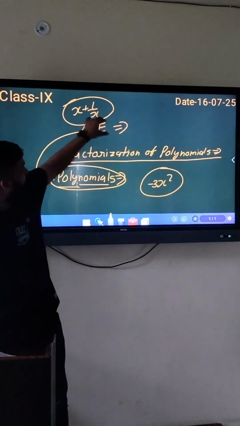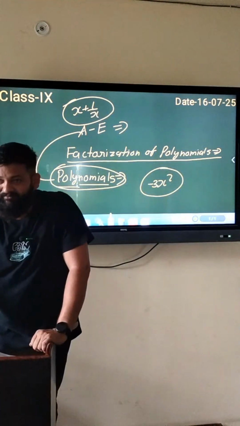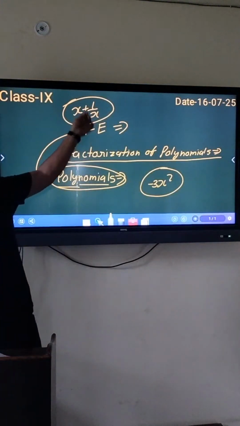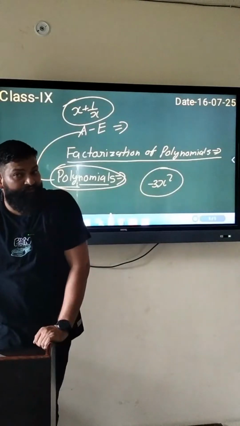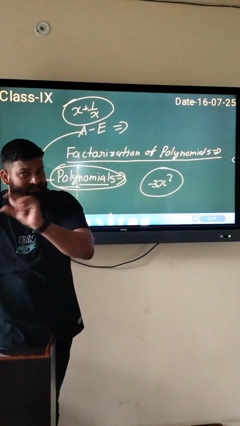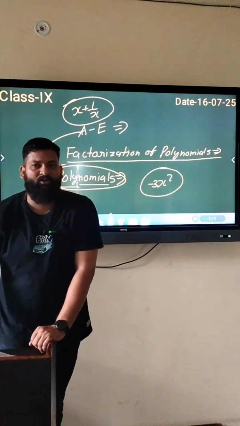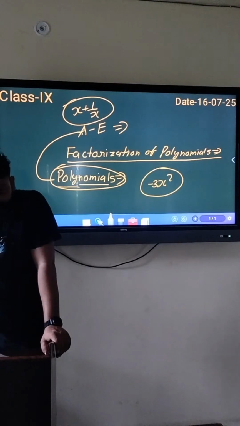So x plus 1 upon x is the combination of constant and variable. So why is it not a polynomial and why is it an algebraic expression? It tells us the difference between the polynomial and algebraic expression. Clear?